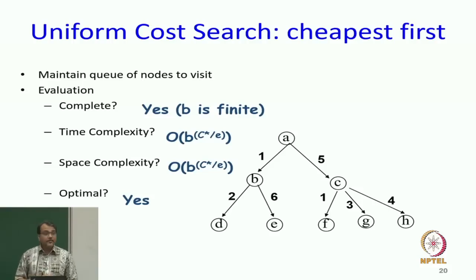So, therefore, for uniform cost search, we typically say that there should be a minimum cost in the system, and the minimum cost should be positive. So, in this slide, the minimum cost is denoted by E, or sometimes we denote it with epsilon, and then we are guaranteed for it to be complete.